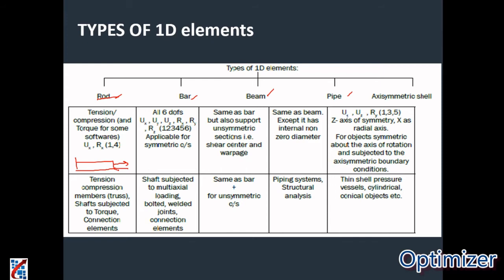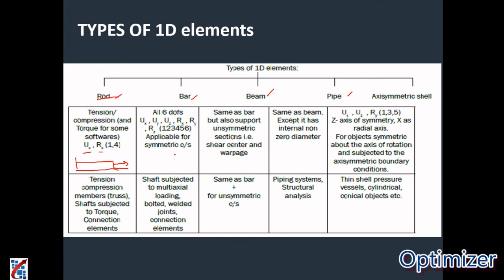Because a rod element has only 2 degrees of freedom: first translation in x direction and second rotation about x. So tension, compression and torque, for some software, these rod elements are useful. Generally we have 6 degrees of freedom, that is translation in x, y, z and rotation about x, y, z, but a rod element possesses only 2 degrees of freedom, translation in x and rotation about x.